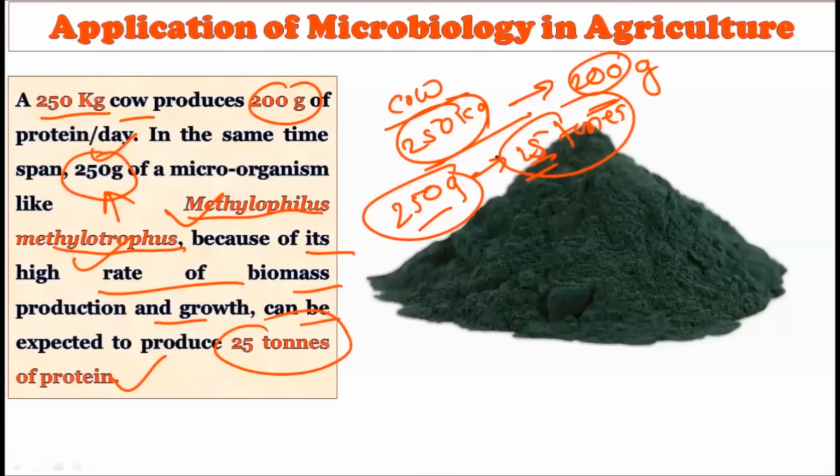So both these examples, chlorella and spirulina, and then Methylophilus and Methylotrophus का example आपको याद रखना है। So all these are the applications of the microbiology in the agriculture. Okay.